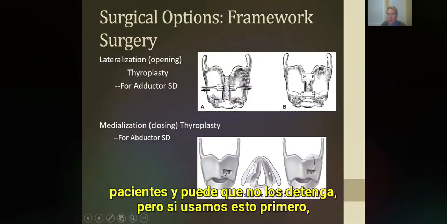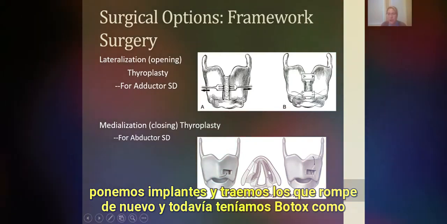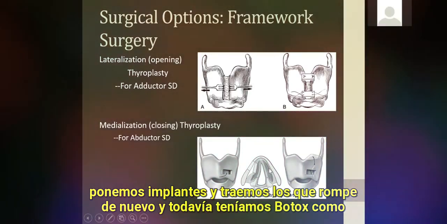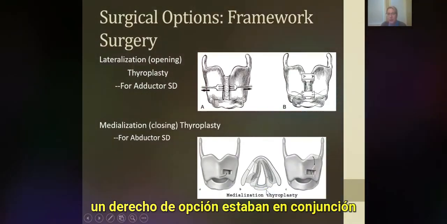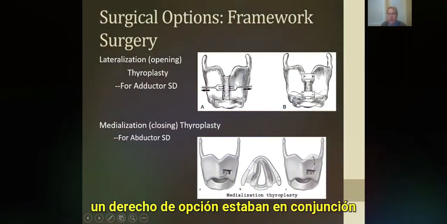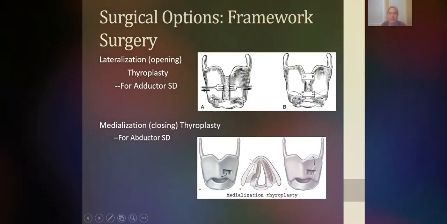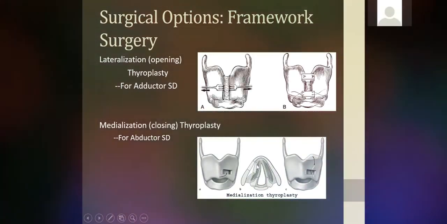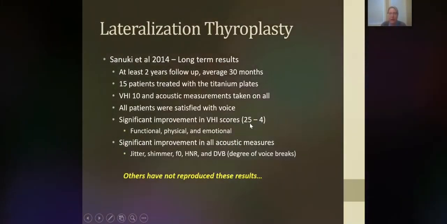And it may not stop the breathy breaks, but if we use this first, if we put implants in, we bring those vocal cords close together, and then maybe in a year or two, they start to have breathy breaks again, and we still have Botox as an option. So I use it more in conjunction with, or at least with the plan that ultimately we need some Botox down the road, but it should make the overall voice stronger, and it seems to work pretty well in that regard.